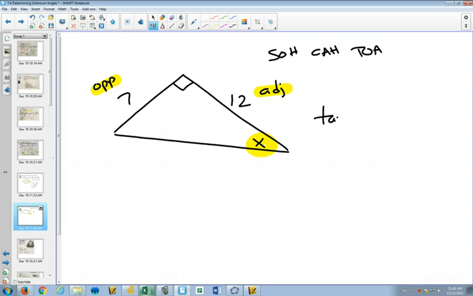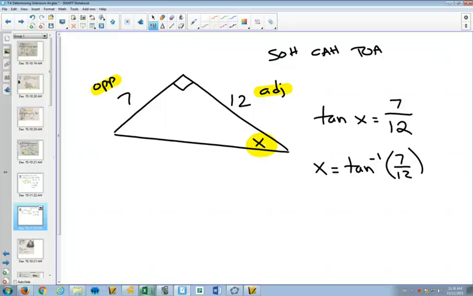So tan of angle x is opposite 7 over adjacent 12. The opposite of tan is tan inverse. Go to our calculator and see if you get the same answer as I do. 30.3 degrees.